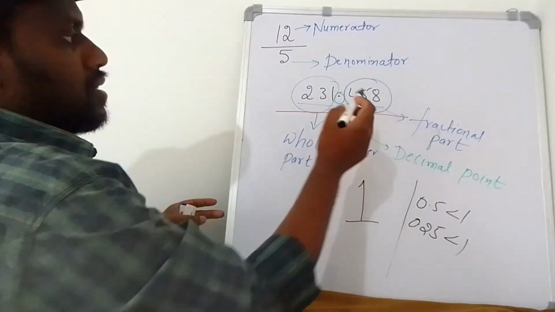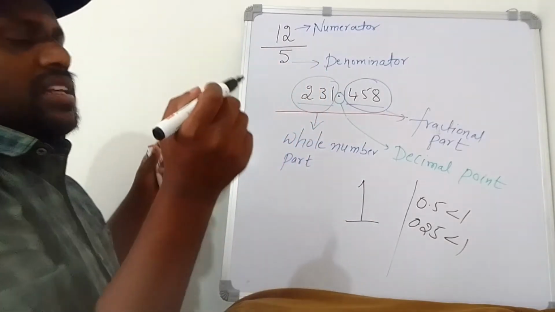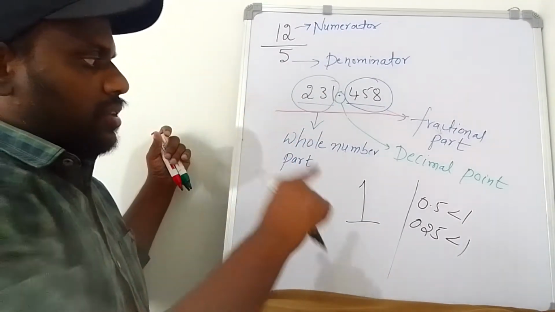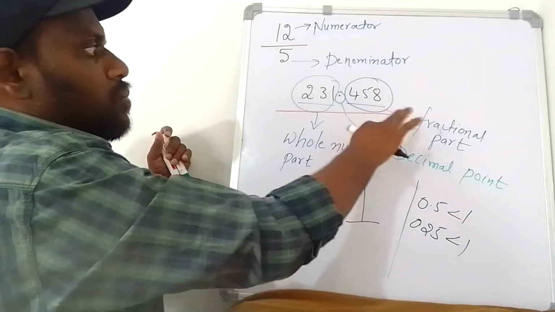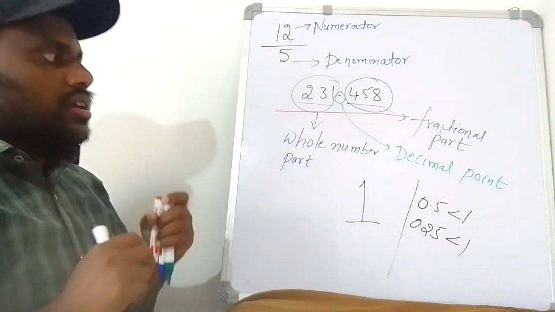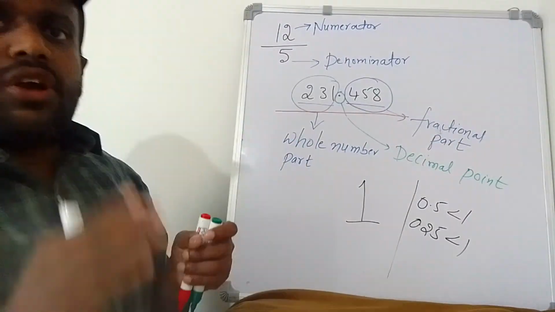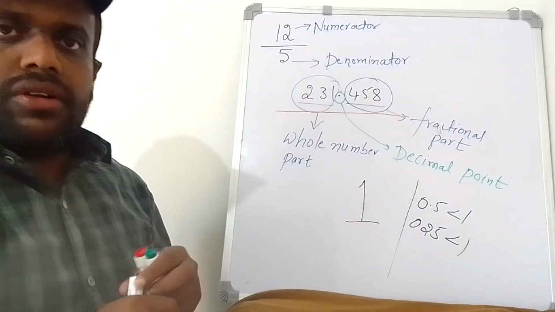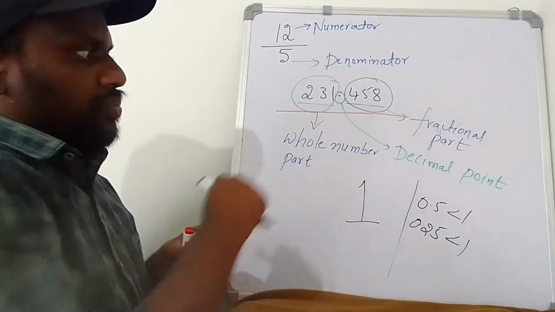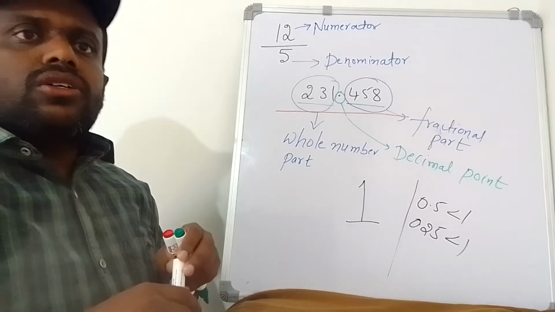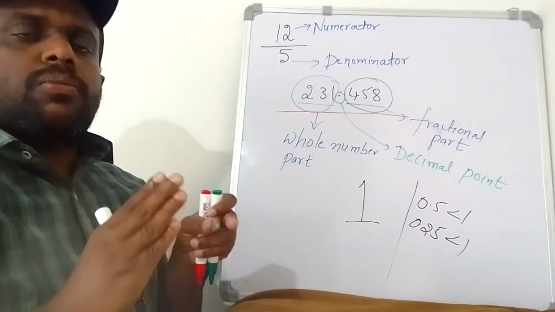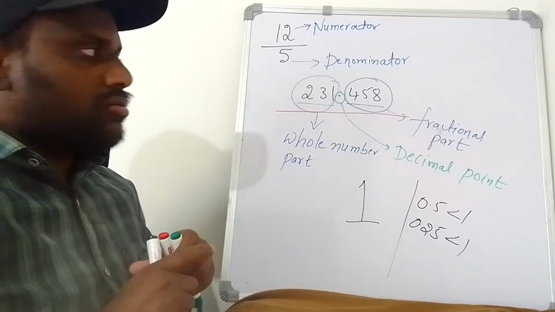So this part is less than 1, and it is the fractional part. Regarding the definition of a decimal number, just know this definition and meaning. Don't go in depth. Concentrate on solving problems.